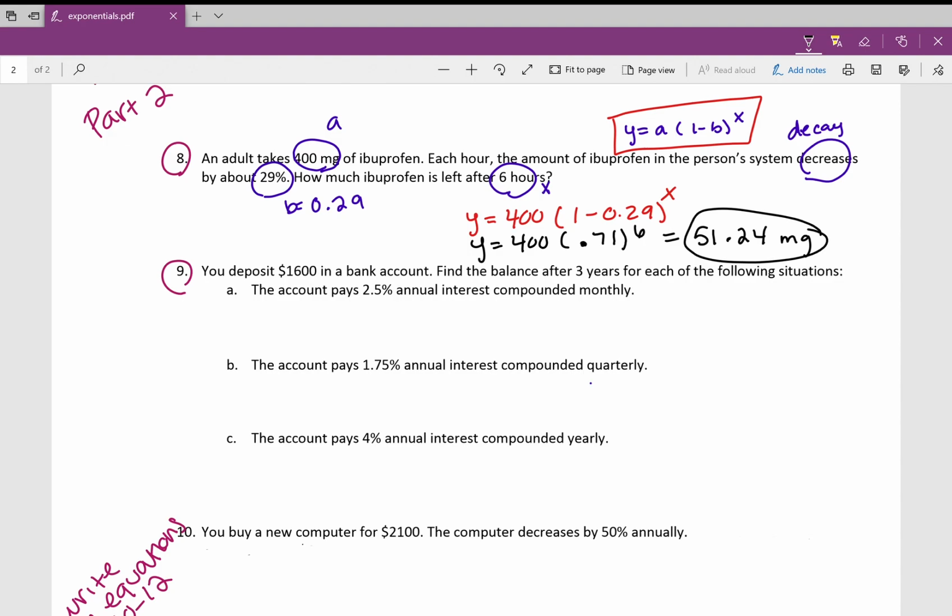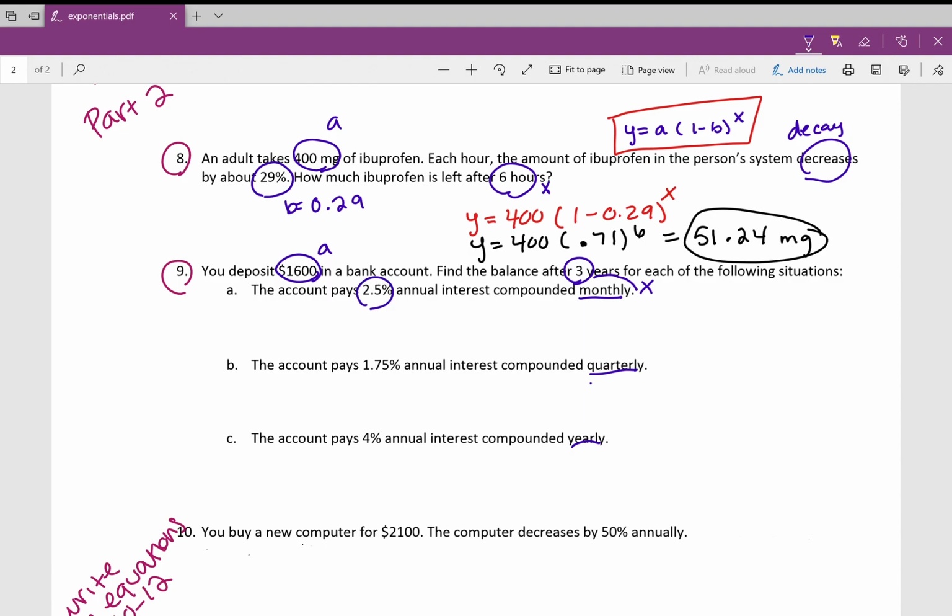The first one says the account pays 2.5% annual interest compounded monthly. So let's first go through and label everything. 1,600 is our starting value, so that's A. This 3 years is going to be our x, but it depends on whether it's asking for monthly, quarterly, or yearly. We'll come back to that in a second.